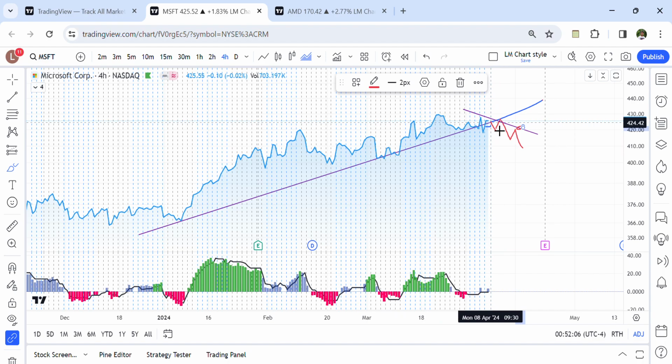So your call entry should be, you have to watch when it is like 422, but as soon as it goes above 424.5, you can go ahead for a call entry, and in a couple of days or 3-4 days, it can surely make a higher high, which might be above 433.08.